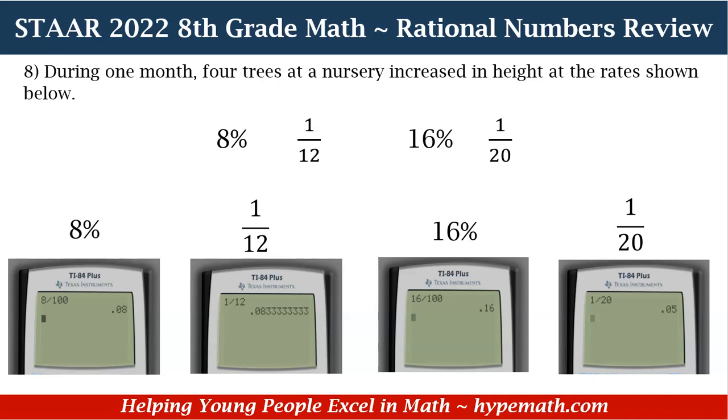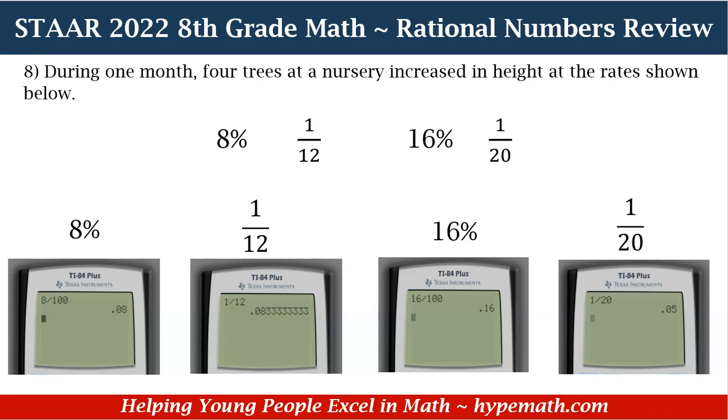So 8%, in order to convert 8% to a decimal, what you do is drop the percent sign and divide 8 by 100. That is 0.08. Then 1/12 is 0.083, and it's repeating threes, but we'll just take the first.